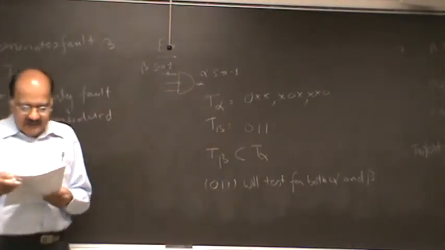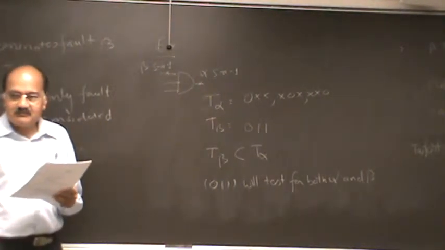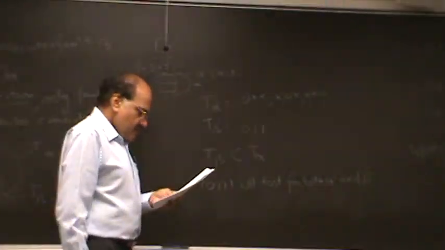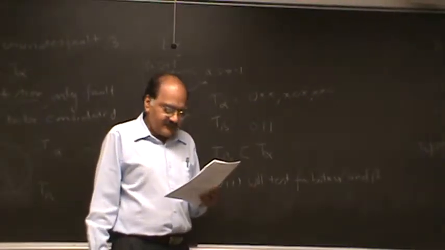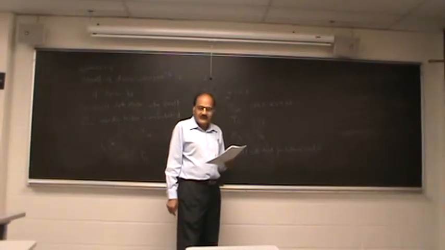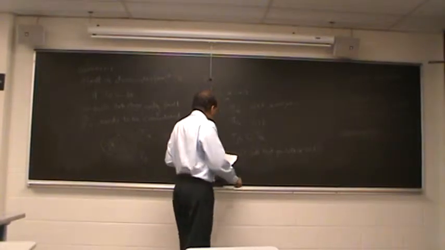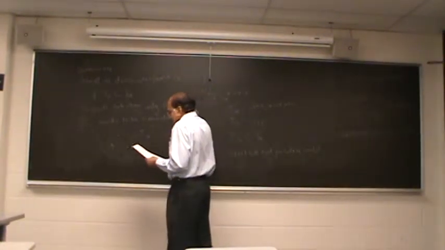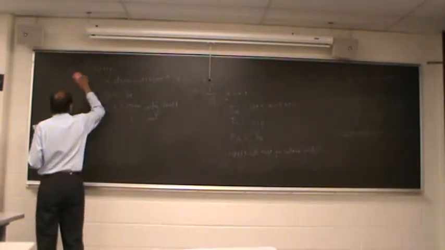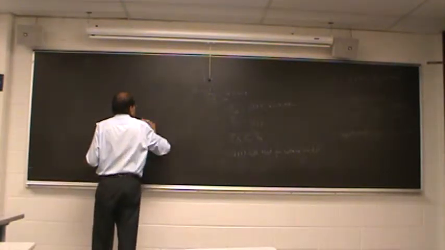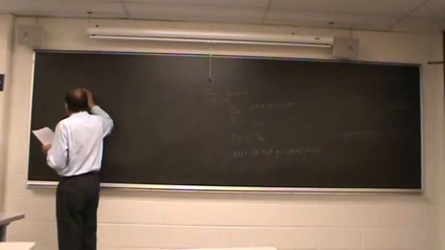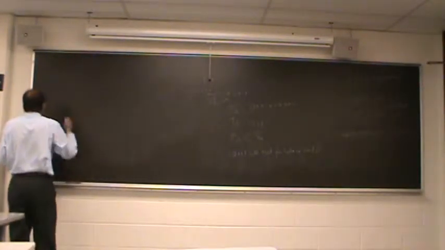Now there is a rather interesting theorem about fault collapsing. Now let's look at the idea of checkpoints. So here's a theorem. Now there are two related theorems, and let me write down one of them.